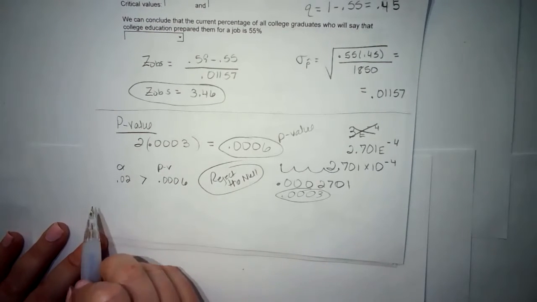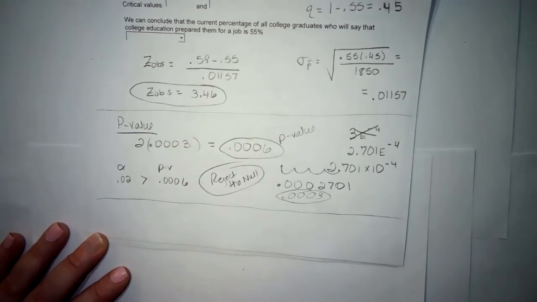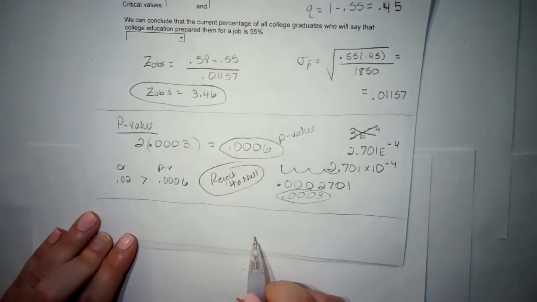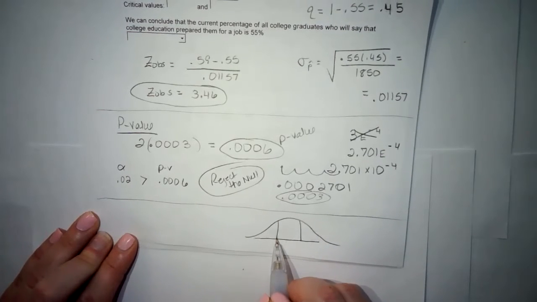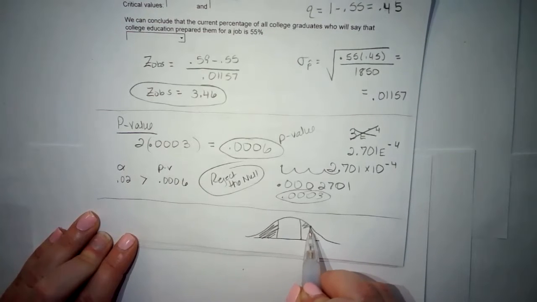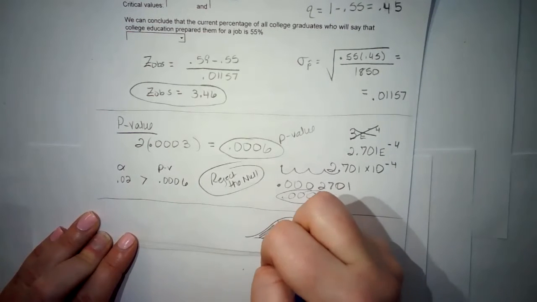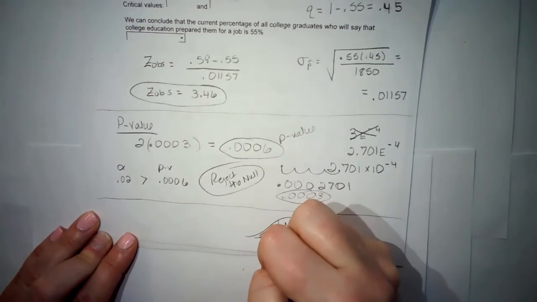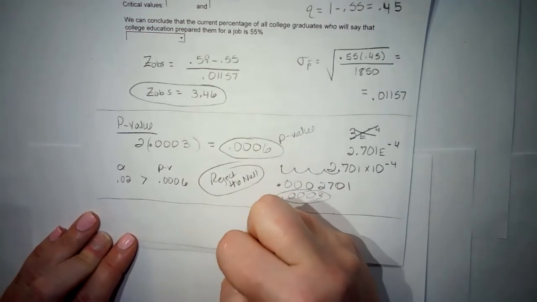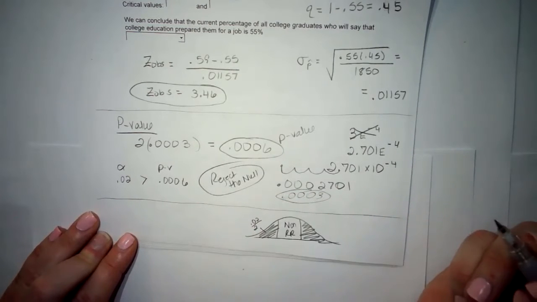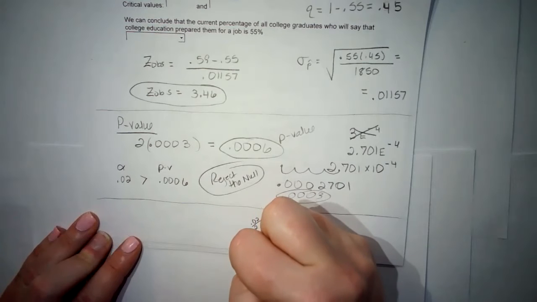Now we still need to find our critical values. Okay, I'm going to draw a little picture. Here's our rejection regions. Here's our non-rejection region. Alpha's 0.02, but we have to divide him by 2, and p-value we multiply, and this we divide.